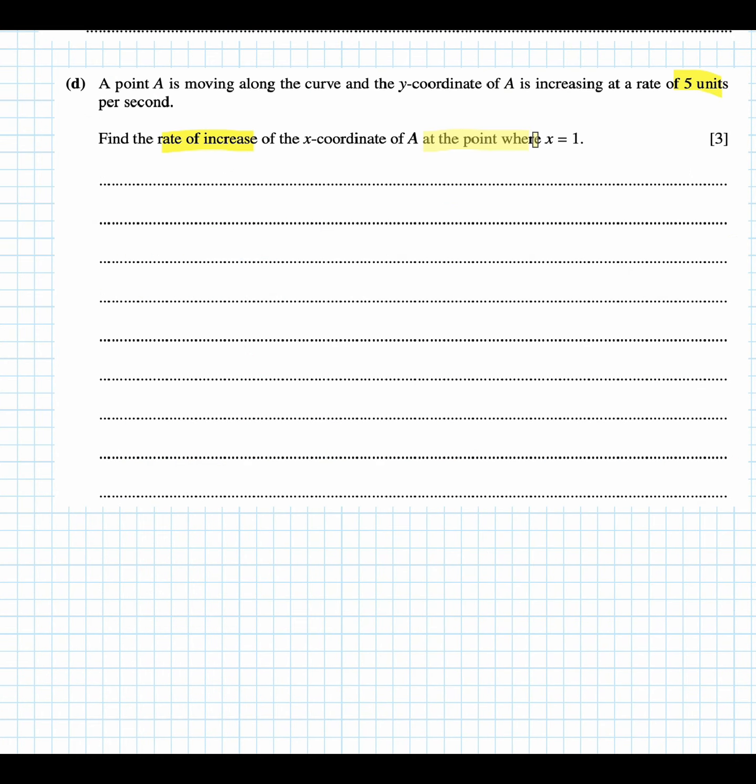In the last part of our last question, we're looking at the rate of change. So the rate of increase of an x-coordinate of a where x is equal to 1. So we're dealing with differentiation again. dy over dx was equal to 2x to the power of 3 plus 2 over x squared, where x is equal to 1. When we plug that in, you will get 2 plus 2, which is 4.